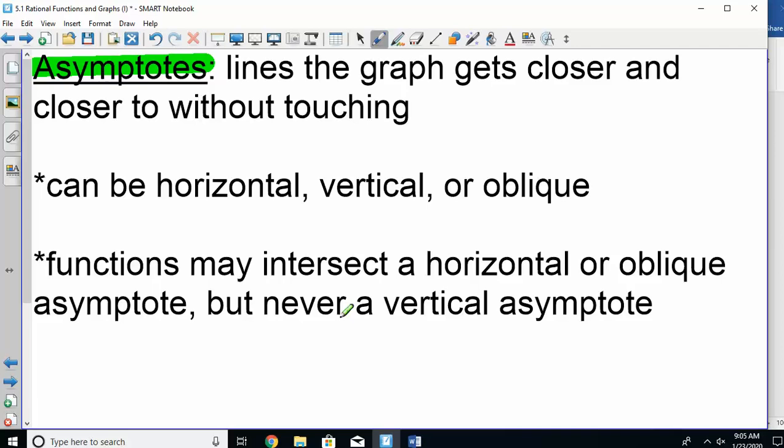It is possible that a graph may at some point cross over a horizontal or oblique line, but it will never touch a vertical asymptote because those vertical asymptotes have to do with our domains. So to start us off, we're going to graph a couple common rational functions, talk about their graphs, and look at where these asymptotes occur on those graphs.